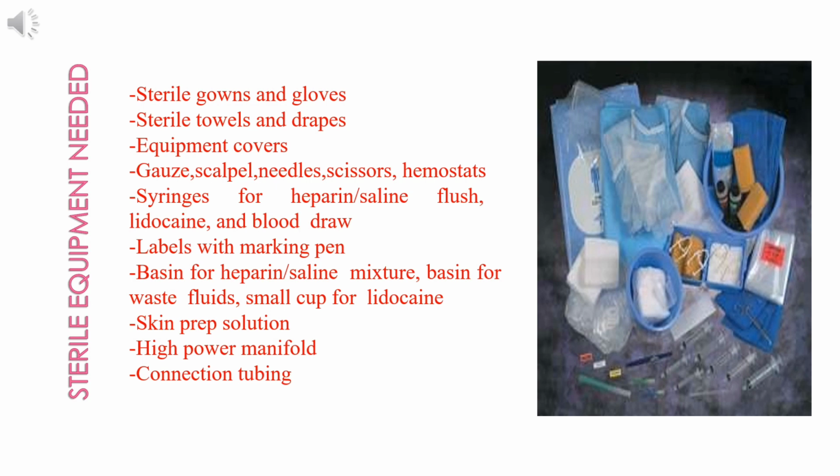The procedure tray should include sterile gowns and gloves for the scrub tech and doctor, sterile towels and drapes for the procedure, equipment covers, gauze, scalpels, needles, scissors, and comatodes, and syringes for heparin and saline flushing, lidocaine, and blood draws, labels for marking the pan for any items filled with solution, a basin for heparin and saline mixture, one more basin for waste fluid, a small cup for lidocaine and skin preparation solution, and high power manifold connection tubing.